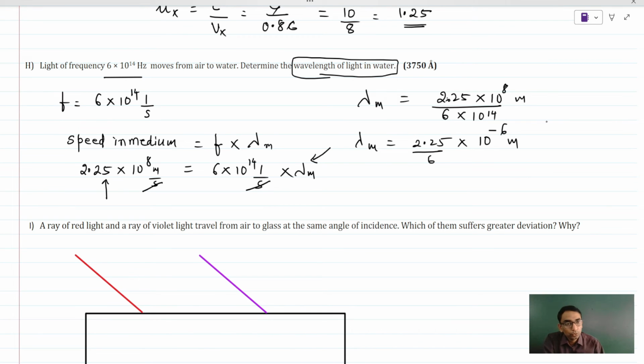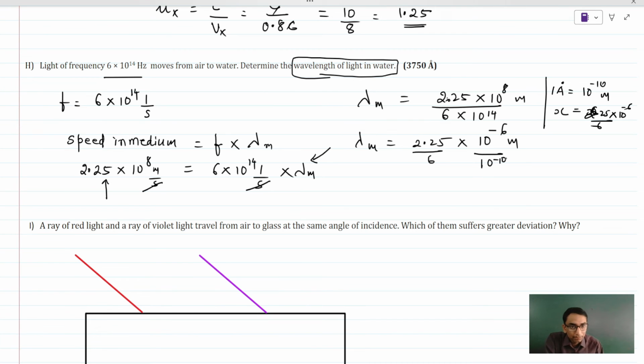Now, we do know that 1 angstrom is equal to 10 to the power minus 10 meters. So these many meters, that means 2.25 into 10 raised to minus 6 upon 6, is equal to how many angstroms? So simply you need to divide this number by 10 raised to minus 10 meters, correct?